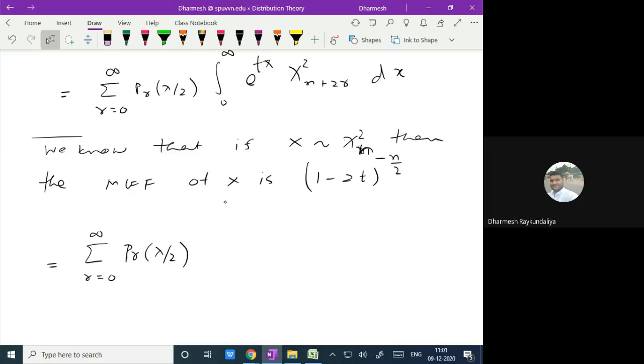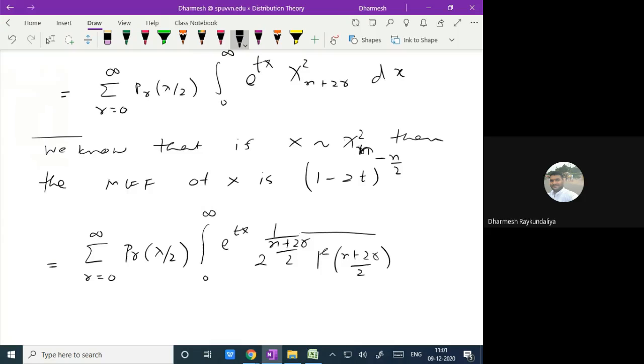Here chi-square with n plus 2r is a central chi-square distribution, so it is the PDF of the central chi-square distribution. You can write e raised to tx. What is the PDF? It is 1 upon 2 raised to n plus 2r by 2, gamma of n plus 2r by 2, into x raised to n plus 2r by 2 minus 1, into e raised to minus x by 2, dx.